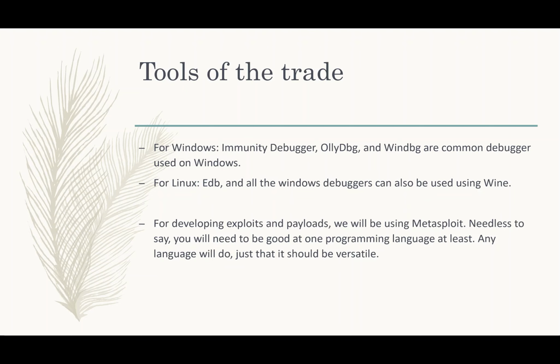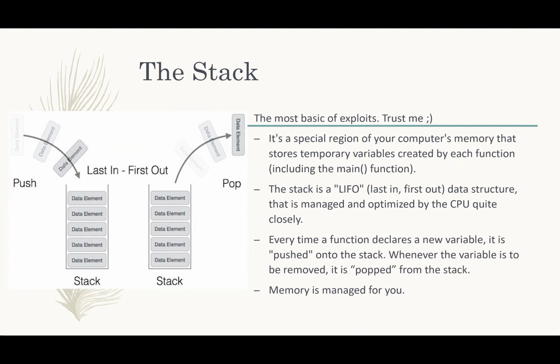You should also have prior knowledge of programming. Any versatile language would do, something like Python or Perl. For example, Corelan.be, the website which has multiple exploit dev tutorials, uses Perl mostly, but I'll be using Python.